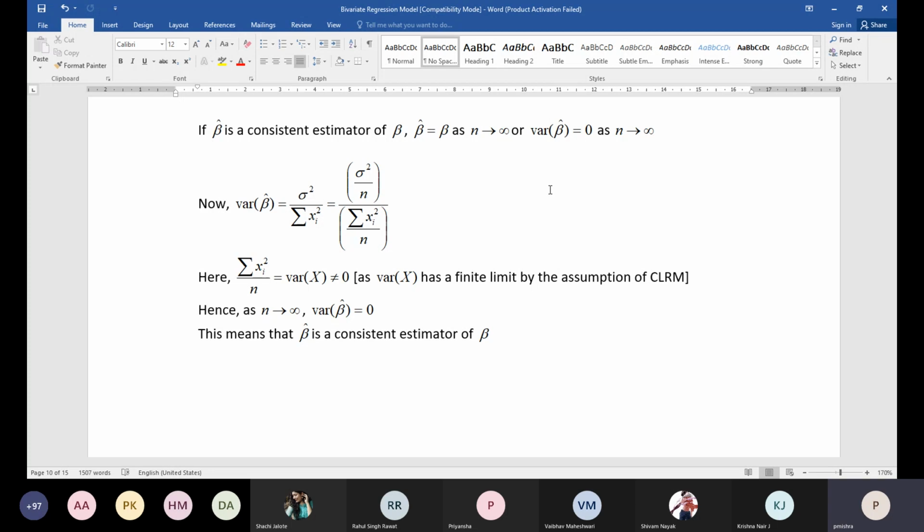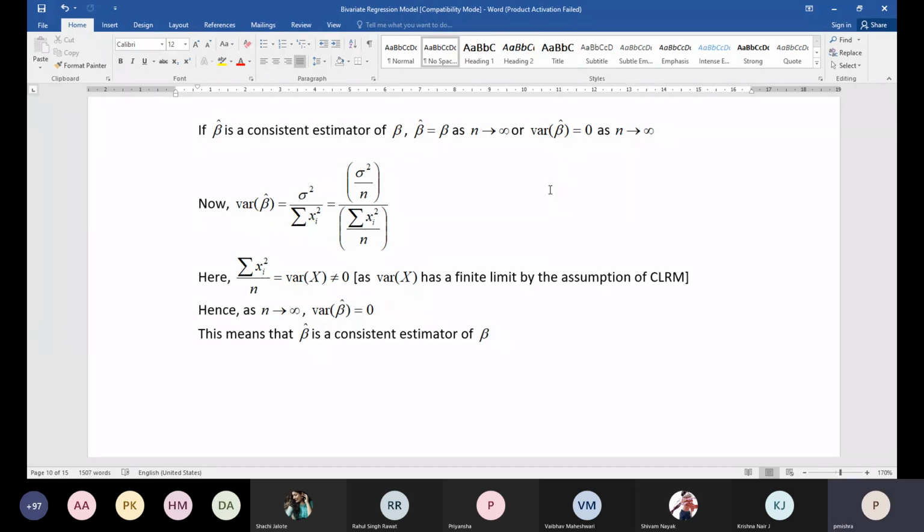And given this finite limit, as n tends to infinity, we get variance of beta hat tending to 0. That means beta hat tending to beta. And when that happens, we say that beta hat is a consistent estimator of beta.